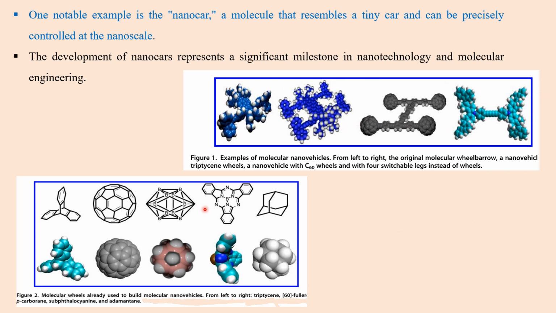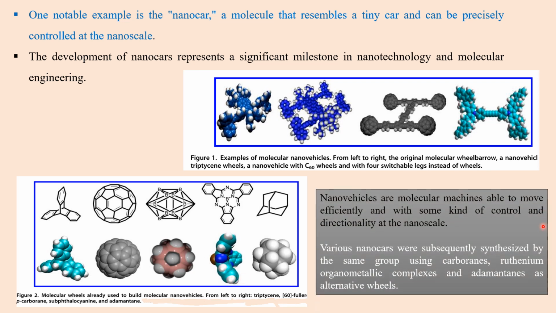And another picture will give you an idea that molecular wheels already used to build molecular nanovehicles, from left to right, like carbon-60 fullerene and p-carborane, subphthalocyanine and adamantane. So these are the things we have to focus on when we are seeing images of the nanocars or nanovehicles, what they are using.